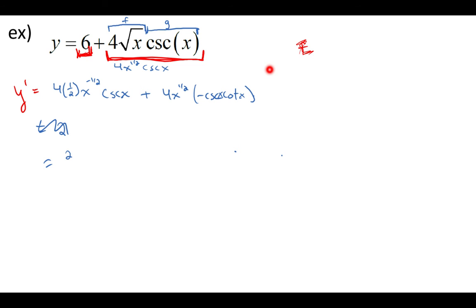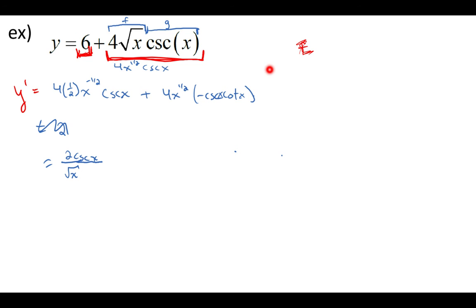And then that goes to the bottom. It becomes over square root of x. So we would just write that as 2 over the square root of x. The 2 stays on the top, and then the negative exponent takes it to the bottom, and the 1/2 becomes square root. So 2 over the square root of x. And actually, we can throw this cosecant on top too, because that's multiplied times that. So 2 cosecant x over the square root of x.